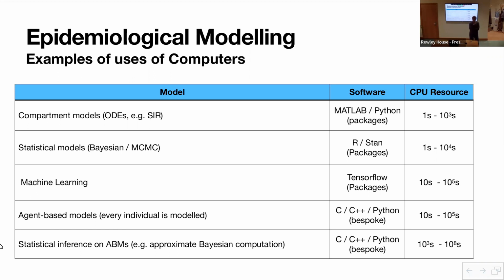There are certainly bigger models where people were modeling the entire UK, with a model for every single person within the country to try and model the spread of a disease, or of an infection.